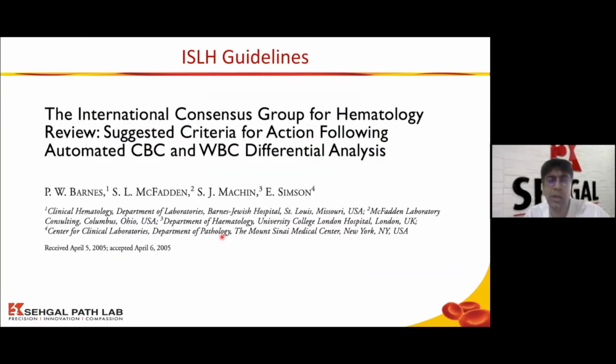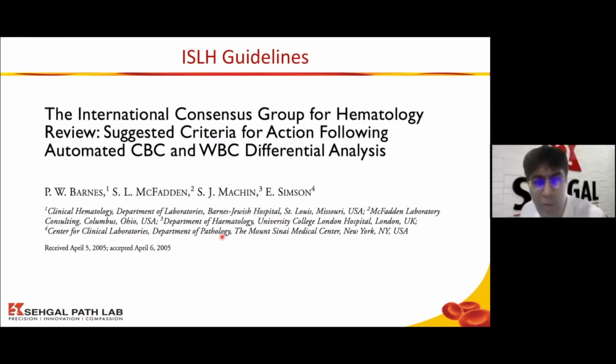Now, coming to the main thing, which will be the peripheral smear review criteria. Based on your clinical requirement in your lab, you will utilize all the settings which we just showed you in this talk. You will use the flags, which are the abnormal and suspect flags. You will use your critical alert values and your delta check to define the rules of peripheral smear review criteria in your laboratory.